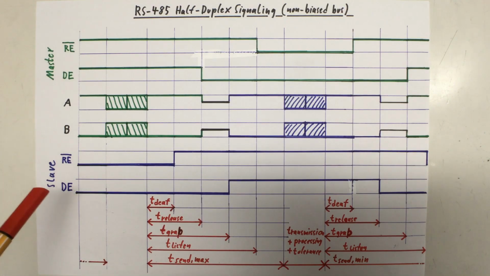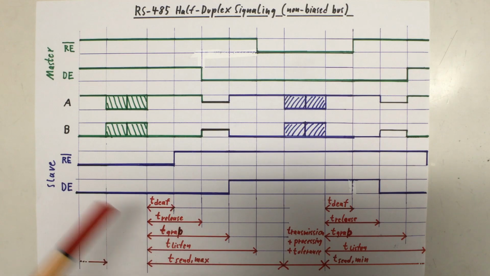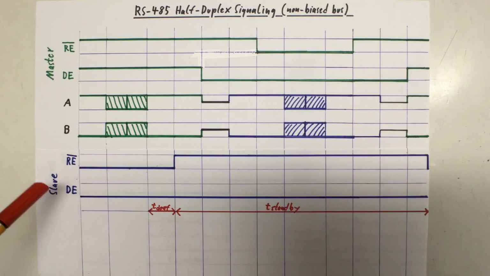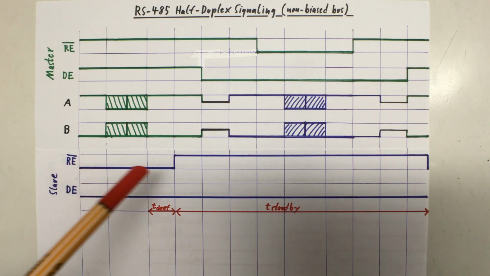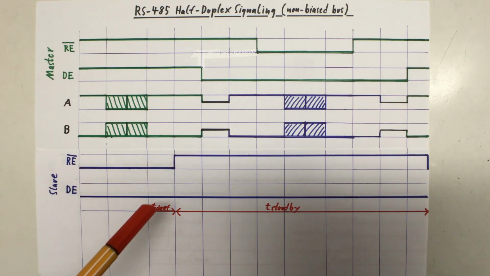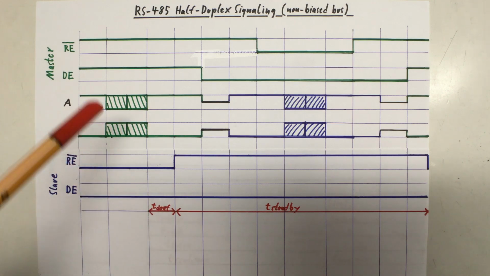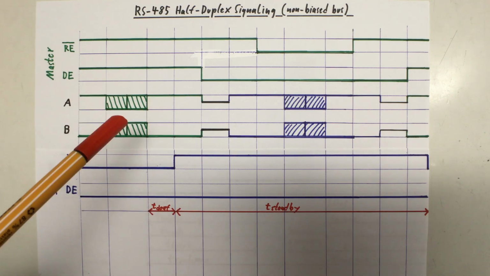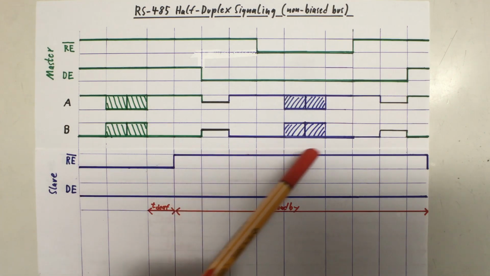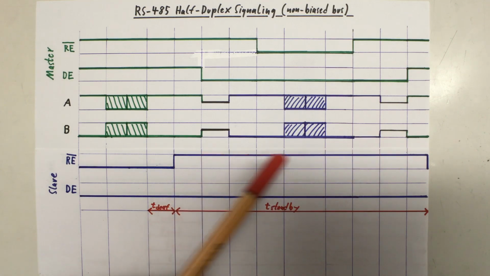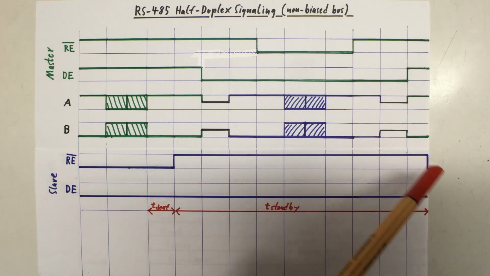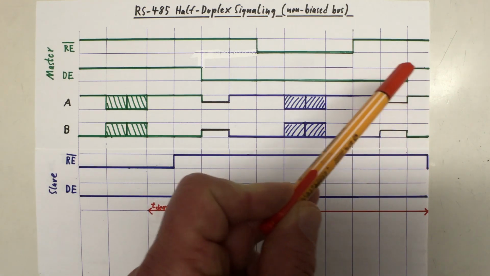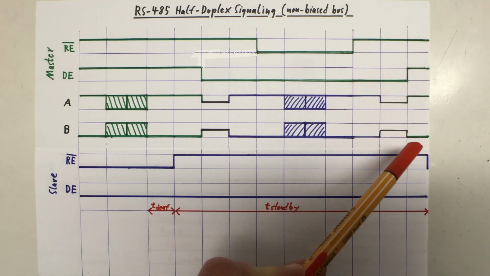That leaves us with the question how the slave that is not addressed should behave. The answer is fortunately quite simple. The not addressed slave will, like the addressed slave, disable its receiver within tdef after receiving the message from the master. And like the addressed slave, it will keep its receiver disabled until after the master has taken control back of the bus.